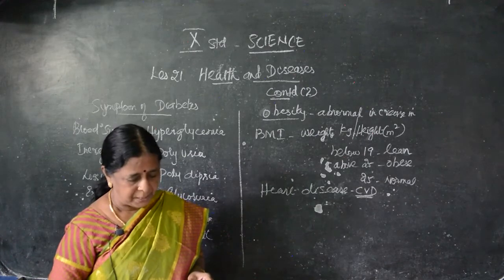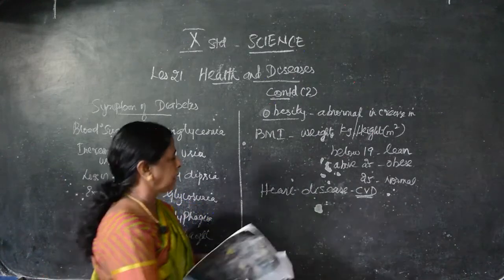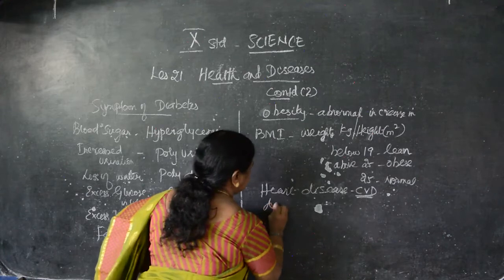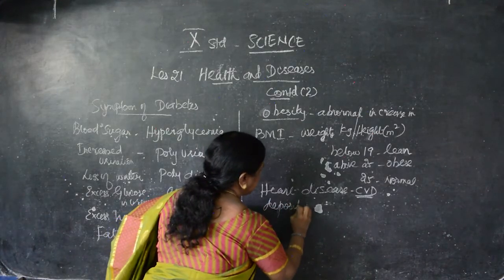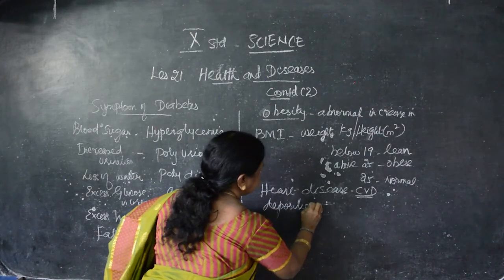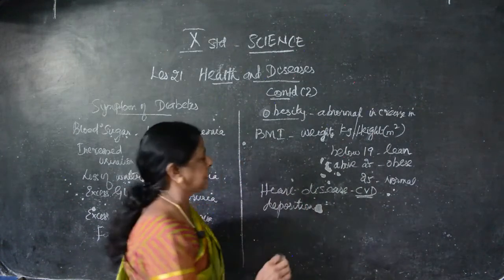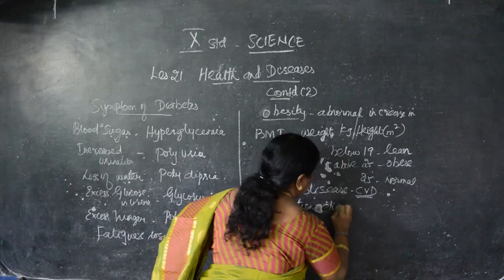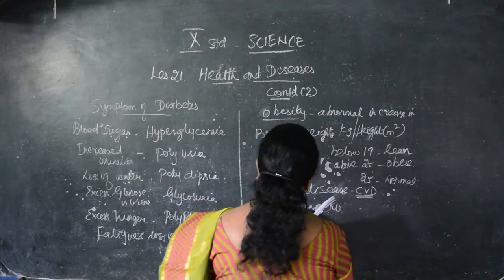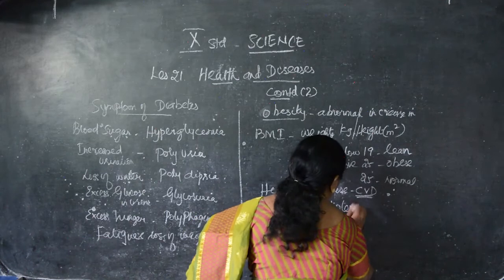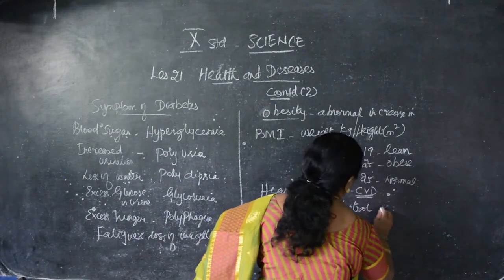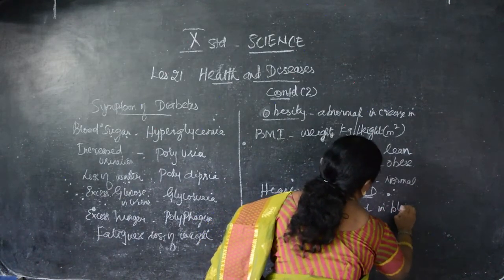This is caused by deposition of cholesterol in blood vessels. What's the reason for that? Deposition, that is the cholesterol. The fat that we talk about is deposited in our blood vessels. Deposition of cholesterol in the blood vessels.